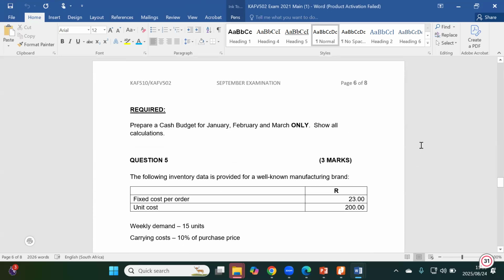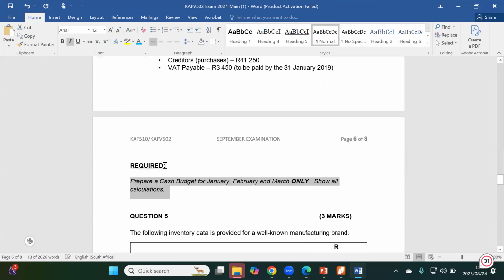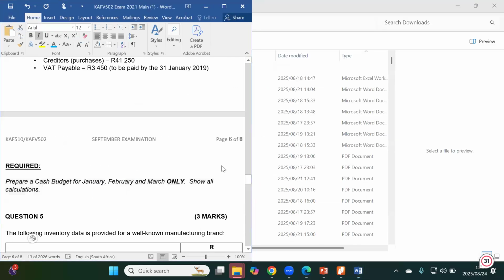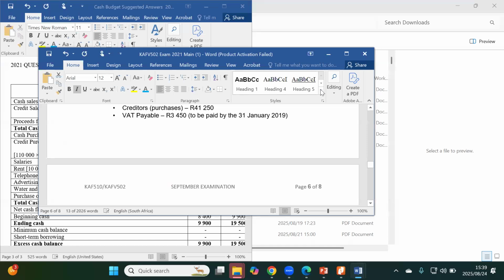This one, they wanted three months. So they are saying prepare a cash budget for January, February, and March only. Show all calculations. That's what they want you to do. Not a problem. So let's first of all sort out our format.